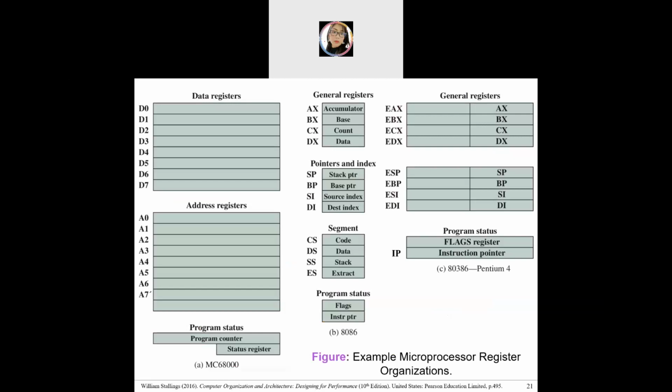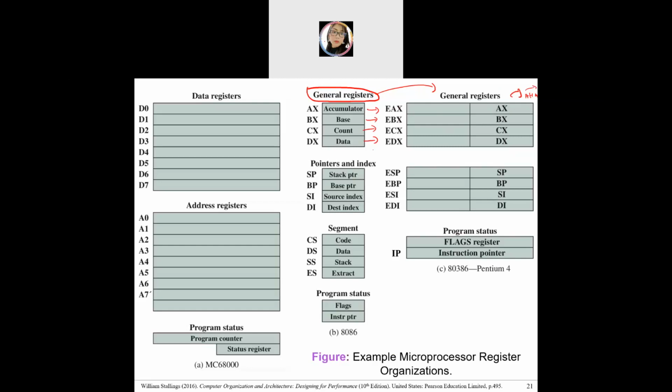So here you can see your general registers. You have several. Also you have AH, AL for the register. Accumulator, base, count, data.